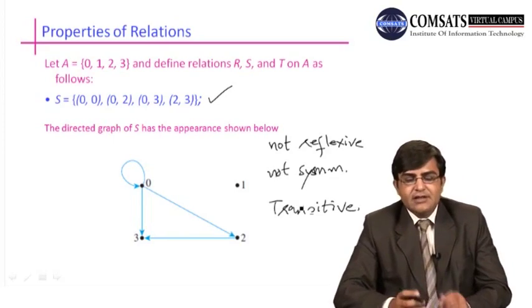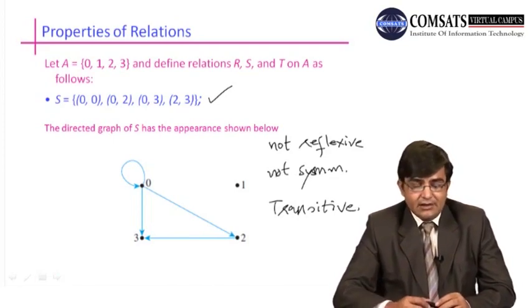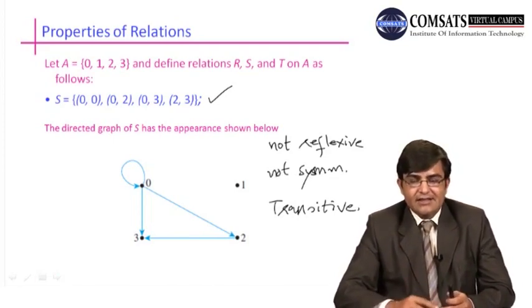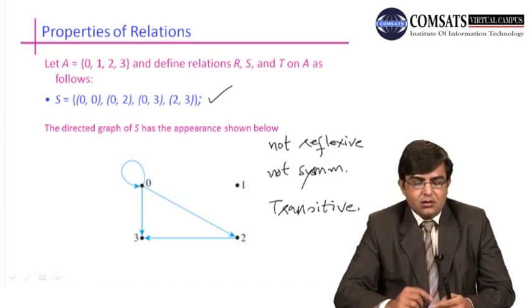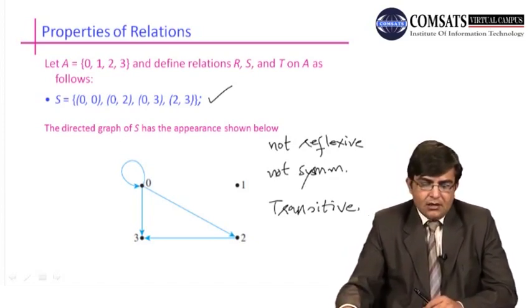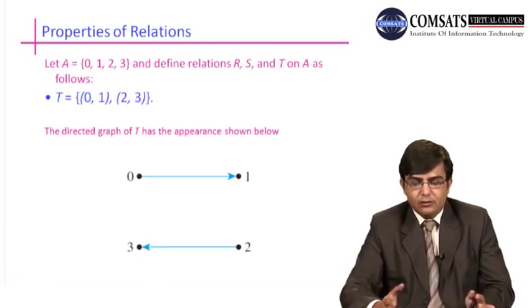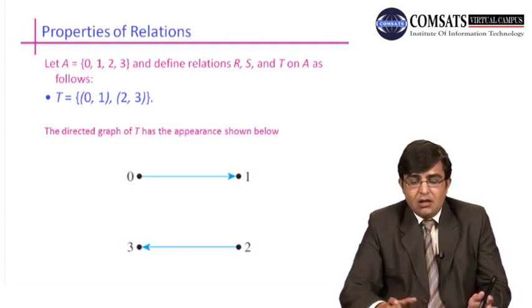So with the help of directed graphs, we can easily investigate whether the given relation is reflexive, symmetric or transitive. The last relation T is not reflexive, obviously. It's not symmetric, obviously, but it is transitive.